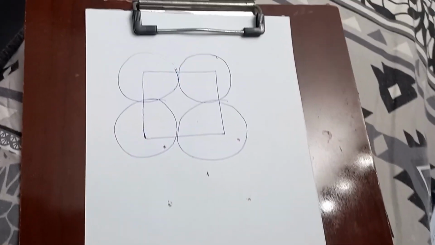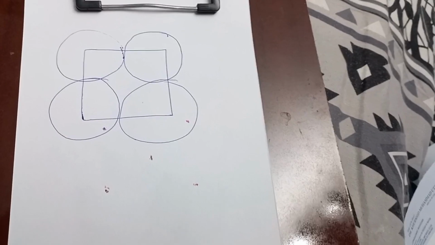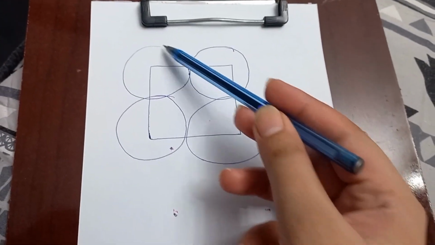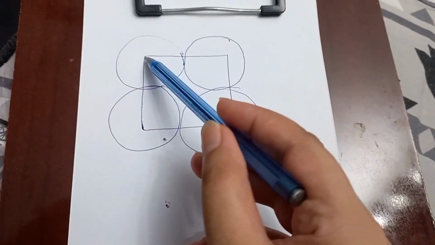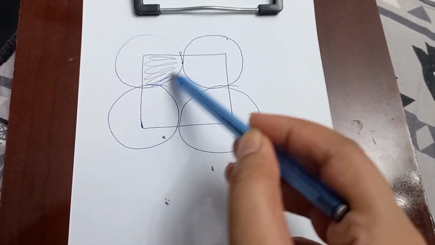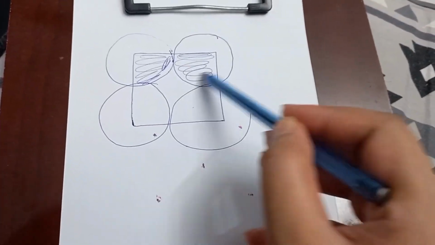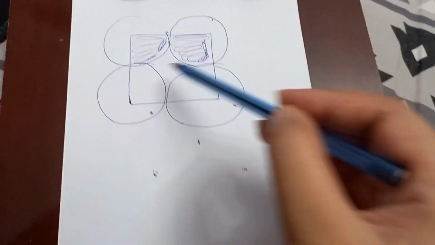So we have these circles, and we need to find out the net number of atoms lying on the plane. And you can see here, if we consider this atom as a whole, not all of the atom is lying on the plane, only this part of it is lying on the plane. Similarly, for this atom, only this part is lying on the plane, and the rest is outside the plane.